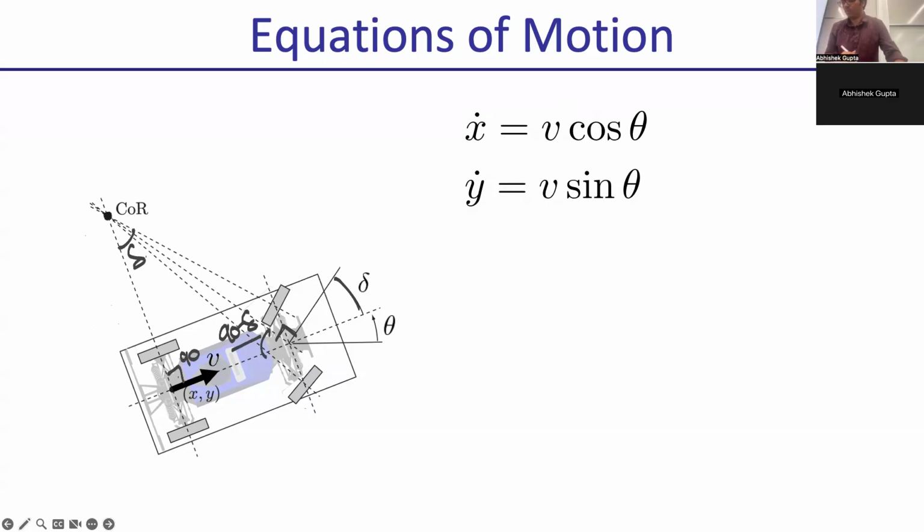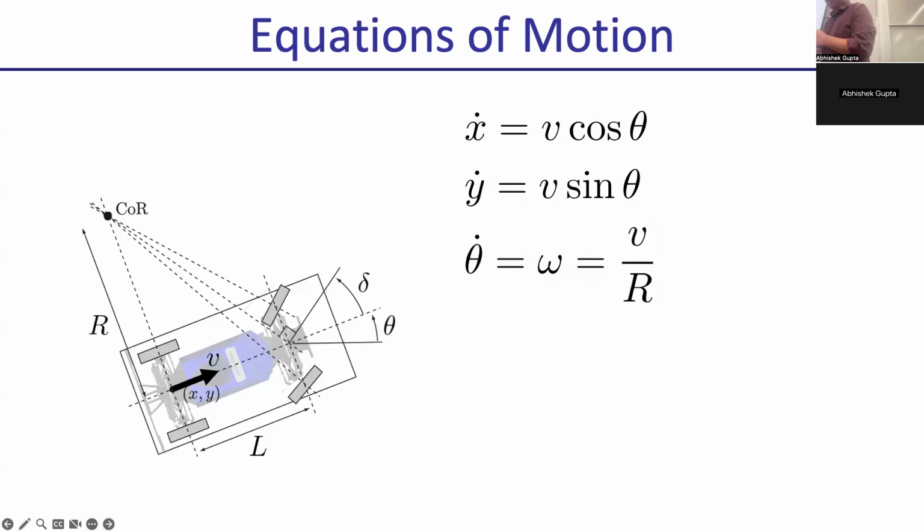So the nice thing that you can do then is you can say that theta dot, right? You're trying to find the change in heading. Theta dot is equal to the angular velocity, right? If you think about the rotation around the instantaneous center of rotation, it is equal to the angular velocity, and we know that the angular velocity is equal to the linear velocity divided by the radius, right?